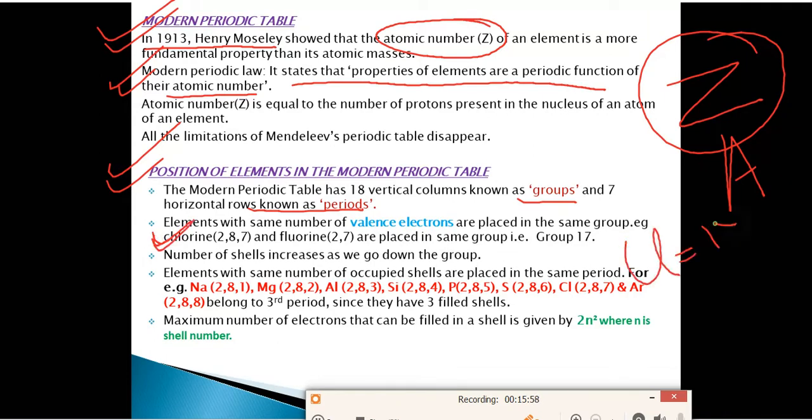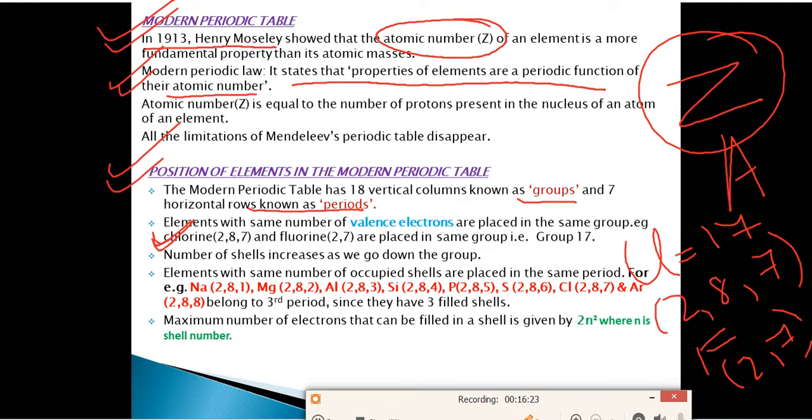If we write its electronic configuration, it is 2, 8 and 7. So this chlorine is present in group number 17. And if you take the example of fluorine, 2, 7. All these elements have 7 valence electrons in their outermost shell, and they are all present in group number 17, halogens.